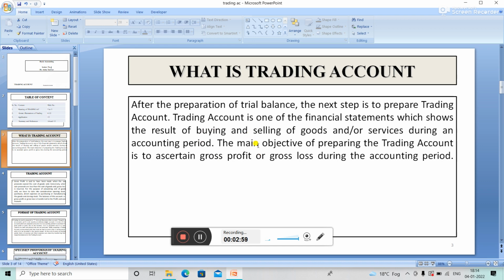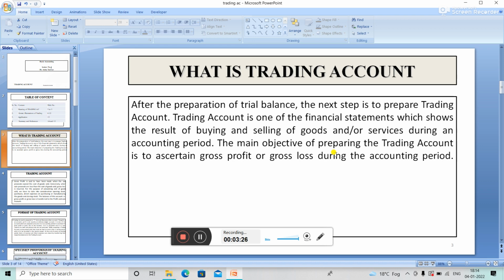Now further, as already told you, the trading account is one of the important financial statements that provides information about the buying and selling of goods and or services during a particular financial year. Let's say I want to know the gross profit or gross losses of a particular financial year, say 2021.